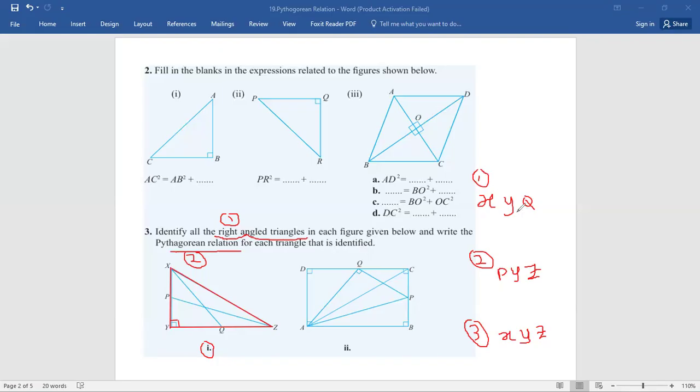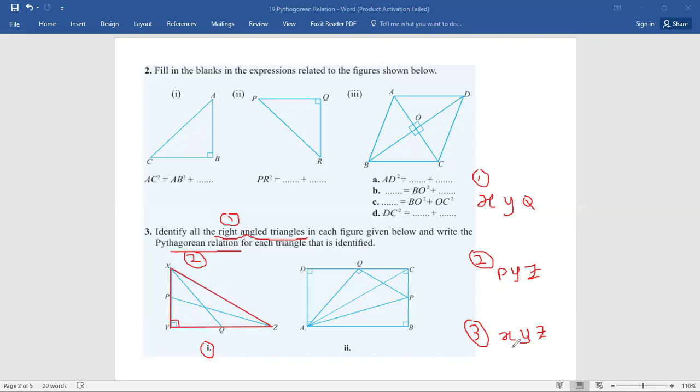Now I am going to apply the Pythagorean relation. I will apply it for XYZ first. This is my XYZ, this red triangle, right?